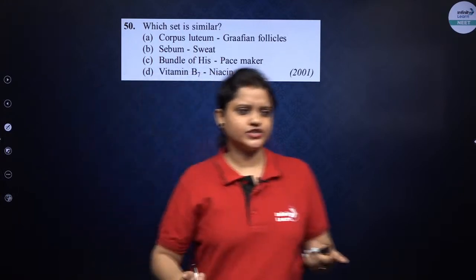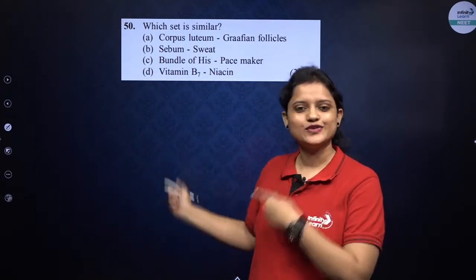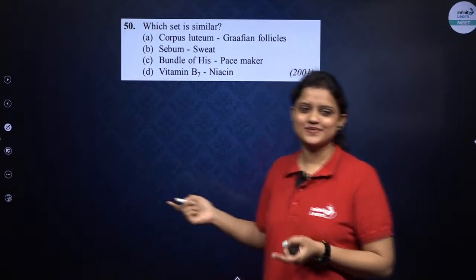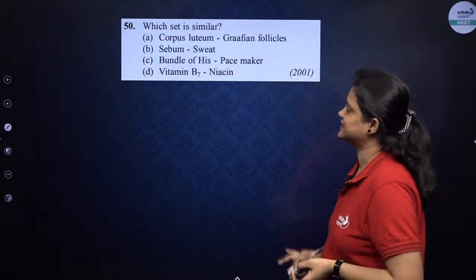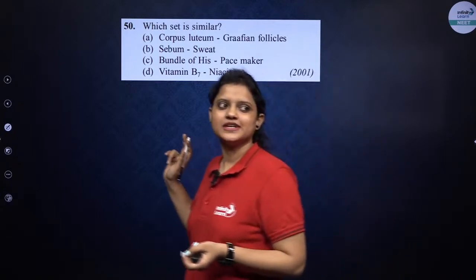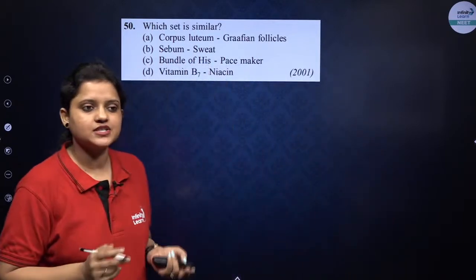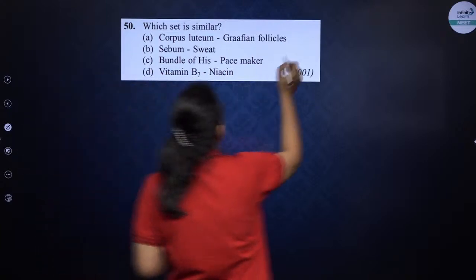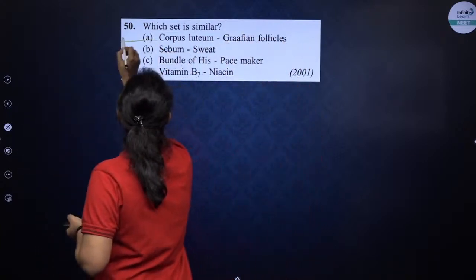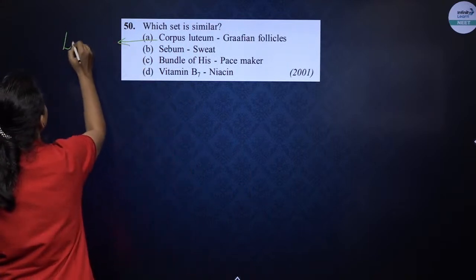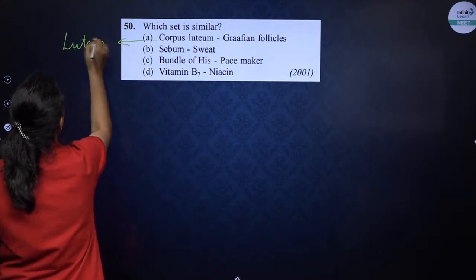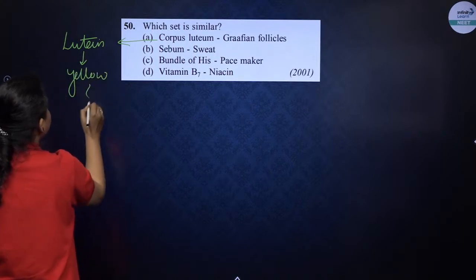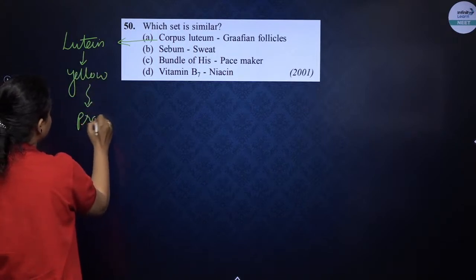Now the last question of today's session, and a very good question. देखते हैं क्या है last question. Which set is similar? Corpus luteum दिया है यहाँ पर. Corpus luteum is a structure which contains lutein pigment, जिसके वजह से ये येलो नजर आता है, and it releases hormone progesterone.